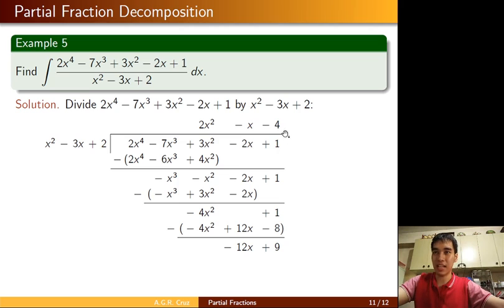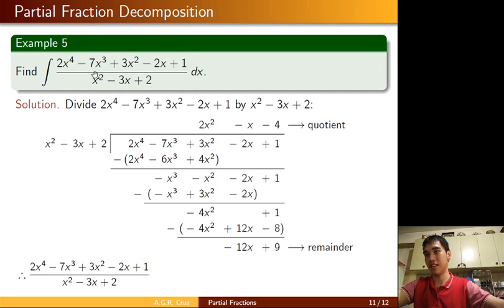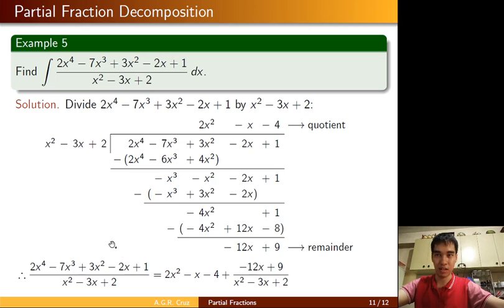At this point, we now identify what our quotient is and what our remainder is. In this case, this is our quotient, the topmost one. And our remainder is the bottom one. So we can now re-express our original function as the quotient plus remainder, negative 12x plus 9, all over this denominator. Always remember, quotient plus remainder all over divisor. And then this one, this is what we resolve into partial fractions.